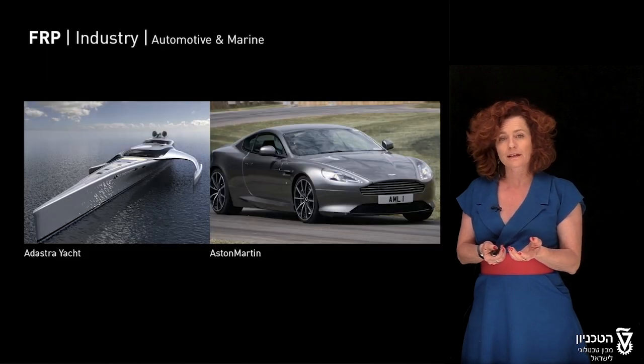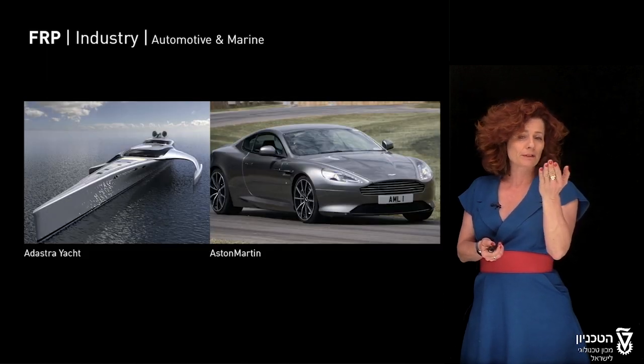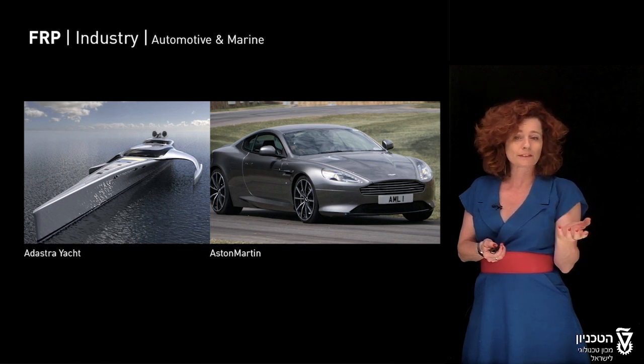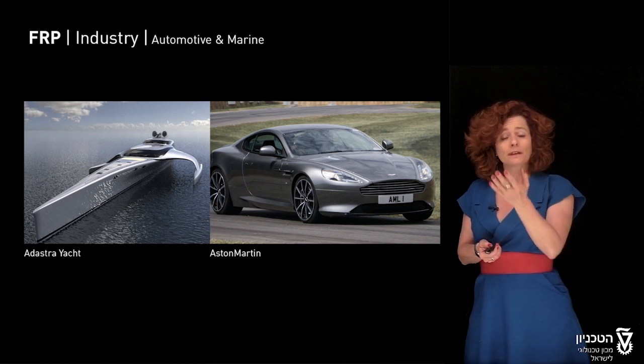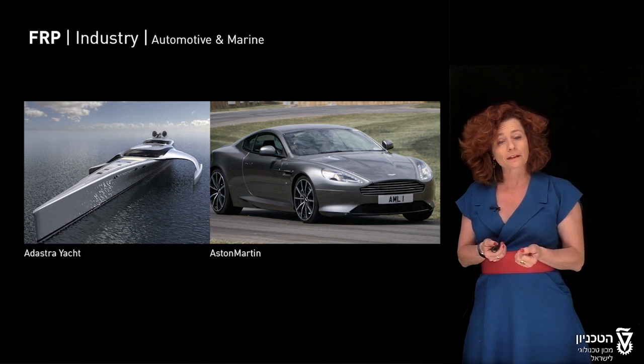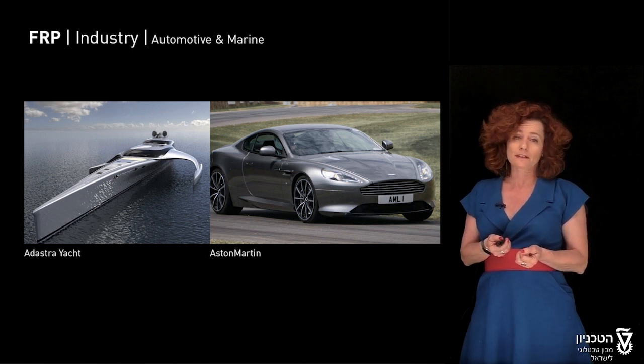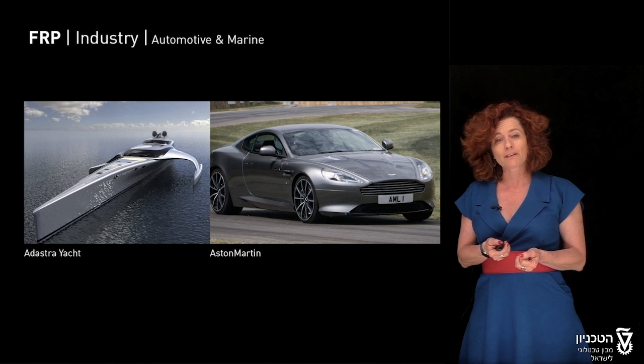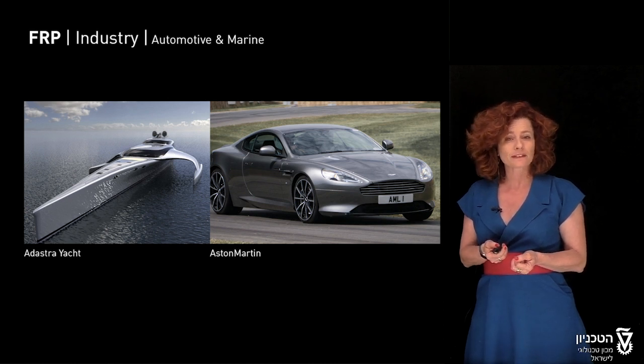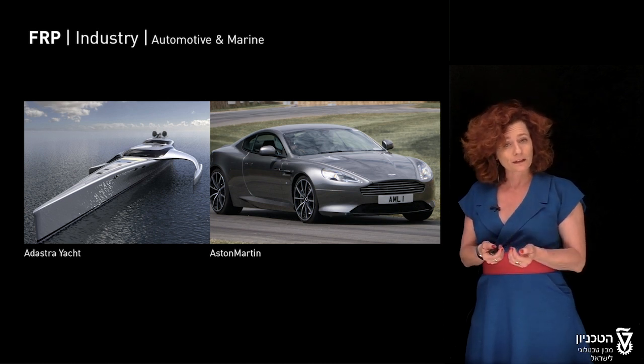Here we see an example of Aston Martin, an application in automotive, but there are other brands as well. Or in yachts, it should be mentioned that these materials originate from water, from the sea. They have been applied first in the 1940s for boats, and they still are today.